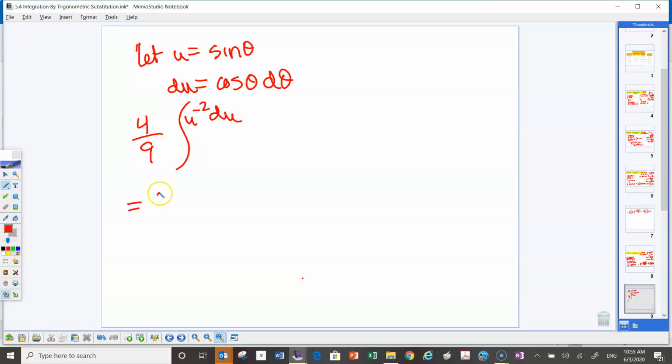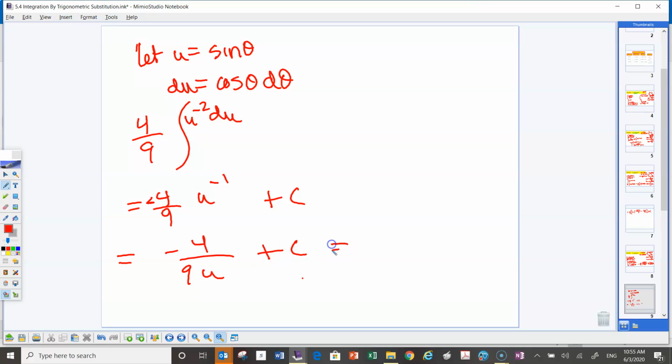And if I integrate this, this is going to be 4 over 9, u to the minus 1 divided by a minus 1, plus my constant. So this becomes negative 4 over 9u plus a constant.